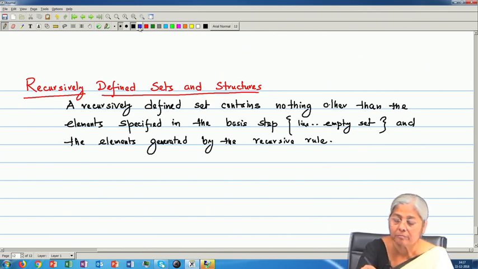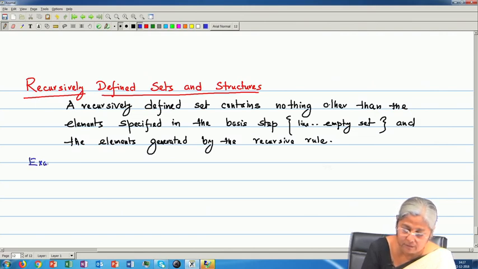We take one very simple example and illustrate how sets are constructed recursively.